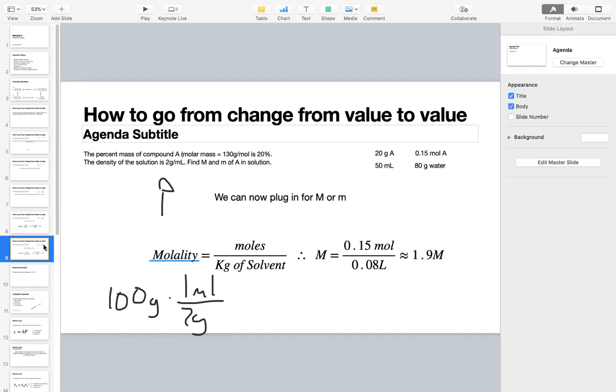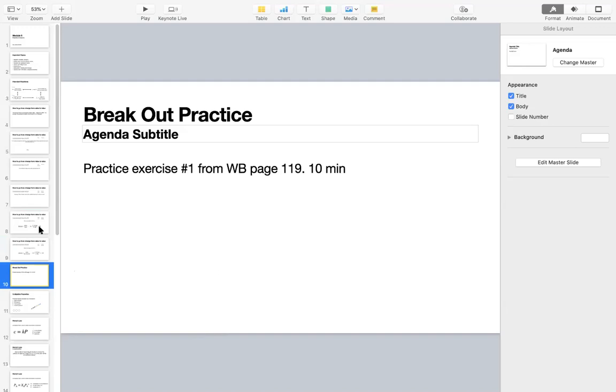So I did include a little breakout session so we could do a problem all together. I'm going to go ahead and put you guys into some breakout rooms, and if you go to page 119 in your workbook, I would like for you guys to try and do practice exercise number 1.